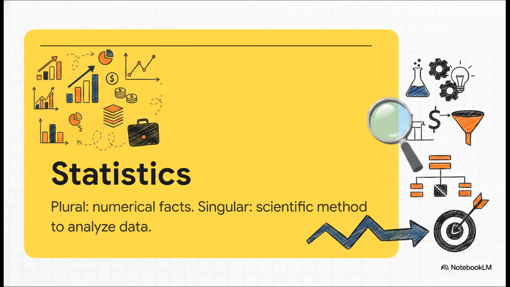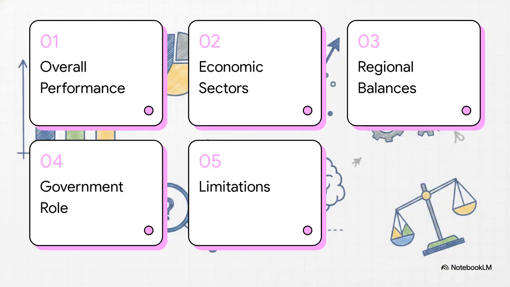But in the singular sense, statistics is actually the scientific method we use to collect, classify, analyze, and draw real conclusions from those very facts. So the key takeaway here is that statistics is both the raw material and the tool we use to process it. So, for our zoom-out approach today, we're going to analyze the economy through four distinct statistical lenses: overall performance, specific economic sectors, regional balances, and government role and policy.